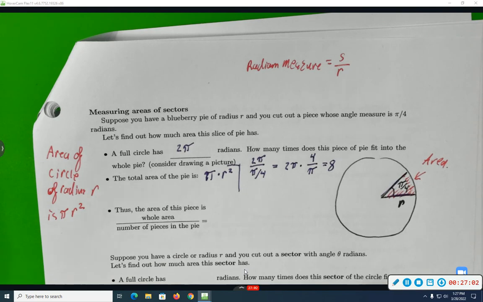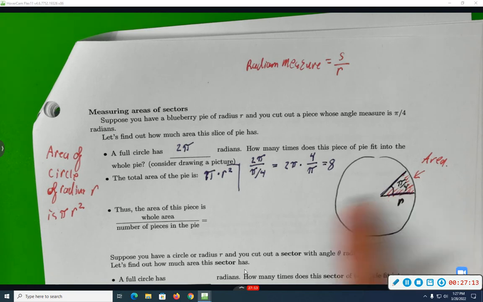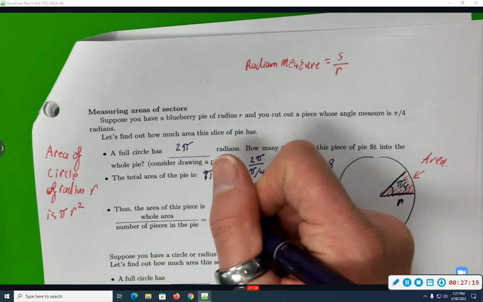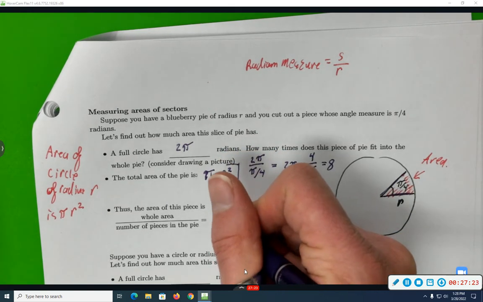So this small piece of the pie fits into the whole pie 8 times. So it must have 1/8 of the total area. So the area of that little piece is the whole area of the pie divided by the number of pieces that we've cut the pie into. So I guess that's pi r squared divided by 8.